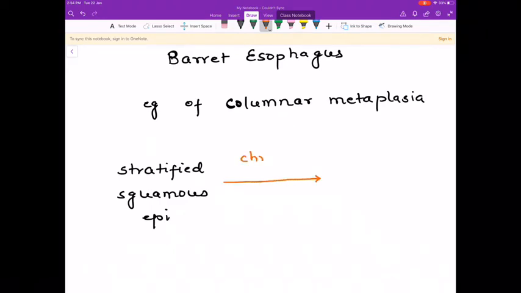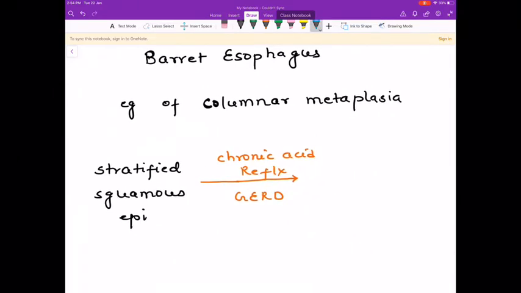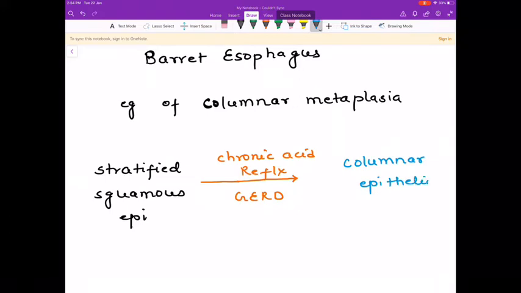When stratified squamous epithelium of the esophagus is exposed to chronic acid reflux, which is seen in the case of GERD, then this particular epithelium is converted into columnar epithelium, which is resistant to acid.